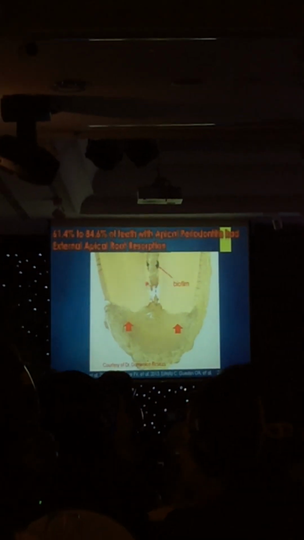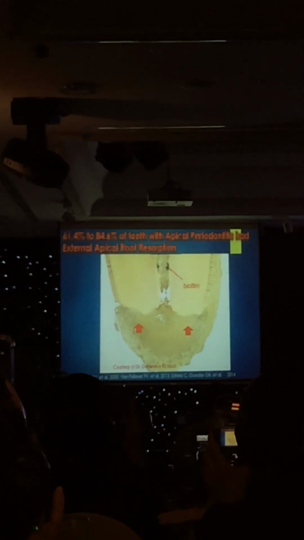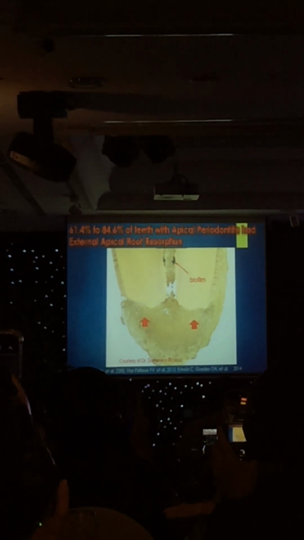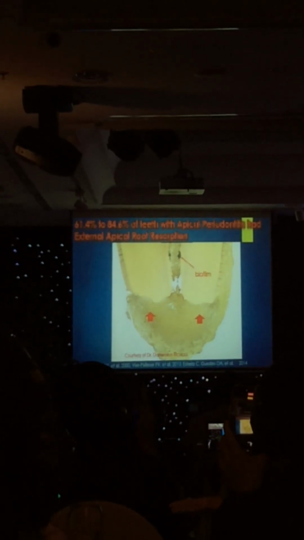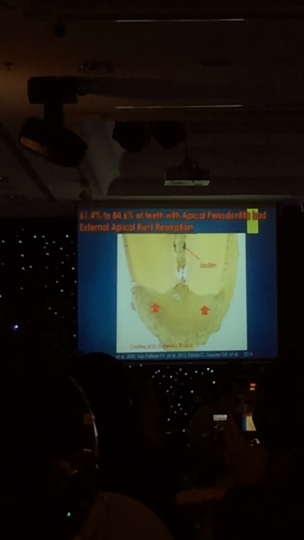So how does the host immunity fight against bacteria? If you have biofilms, which are detected by the immune system, then they will send many macrophages and many white cells.